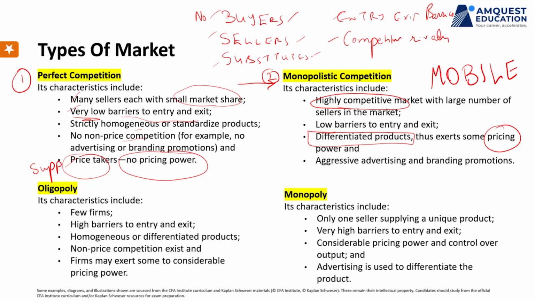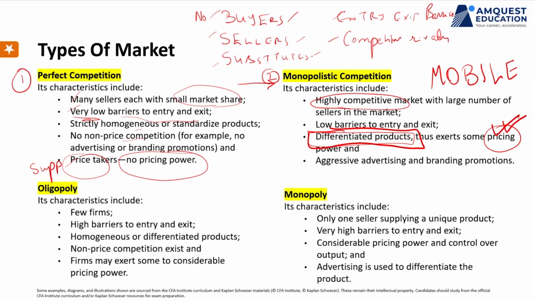But what do these phone companies fight with each other on? They fight on differentiation. They try to differentiate their product against each other. iPhone differentiates on the iOS, the features, right? Some phones have that pop-up camera, so they'll say pop-up camera, amazing feature, differentiated. So every phone is differentiating their product from the competitor. And this allows them to exert pricing power.